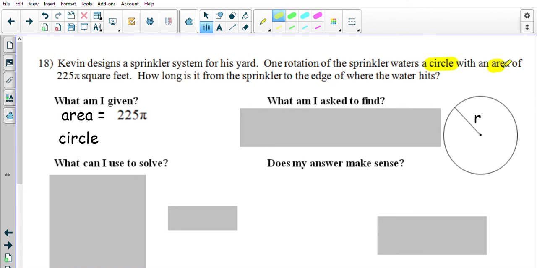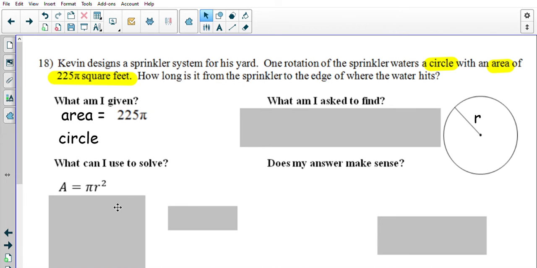We know we're talking about the area of the circle, and the area is 225 pi square feet. So we're given an area. We know we're talking about a circle. It's important to know here, circumference is specific to circles, but area could be a lot of different shapes. So it tells us a circle here. That does mean, by the way, we're probably going to use the area formula for a circle, which is pi r squared.